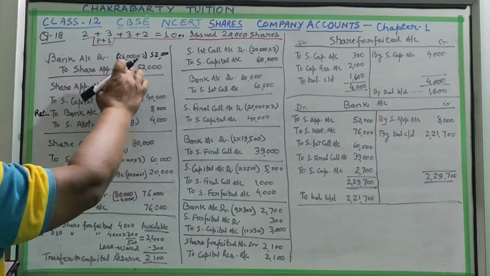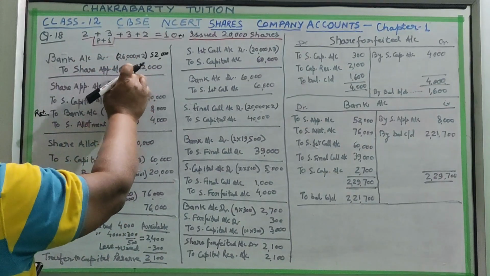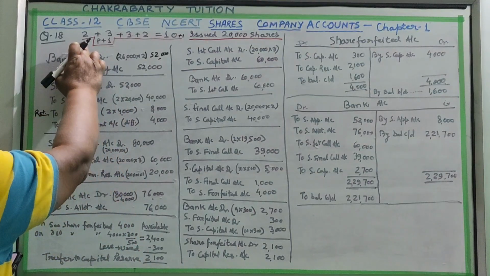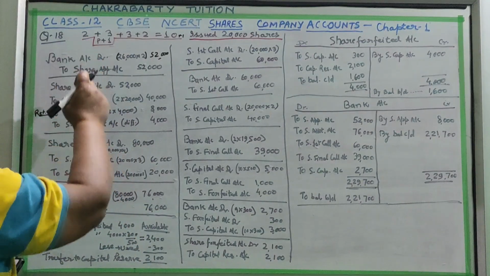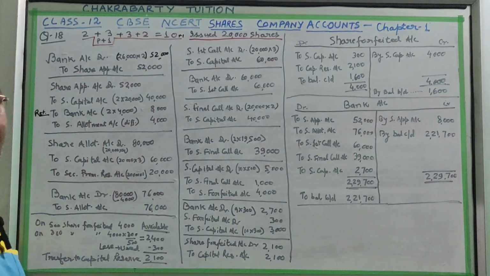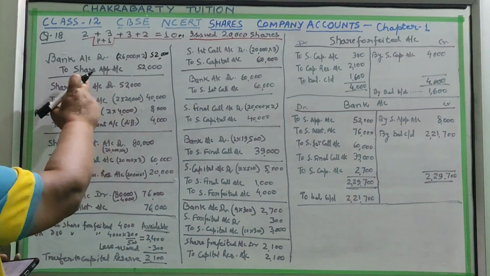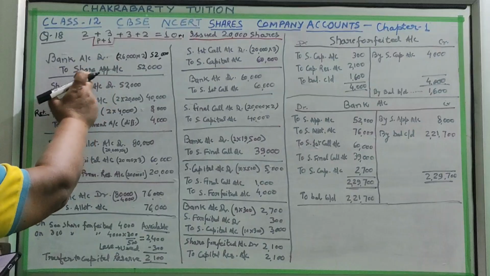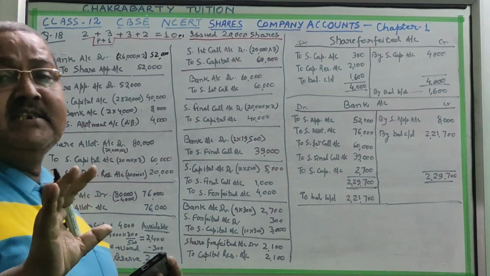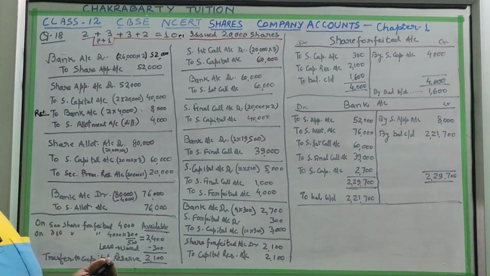After the first entry, bank account debit, the first entry will always be written as a receipt, because first we receive the application, then we go for allotment. We have received the amount 52,000. Our entry is bank account debit to share application account. We will hold the money in share application account. Now from share application, the money will be utilized.